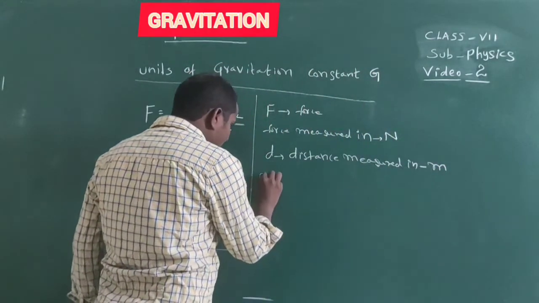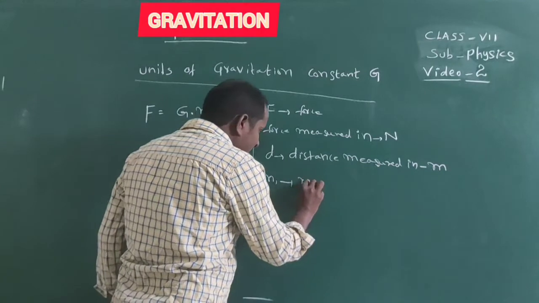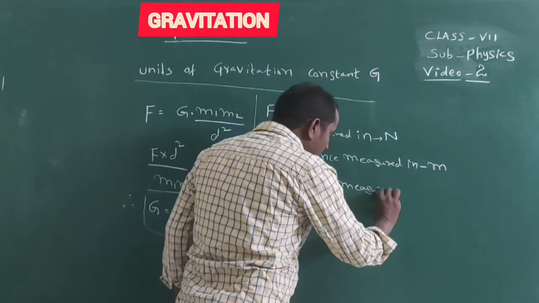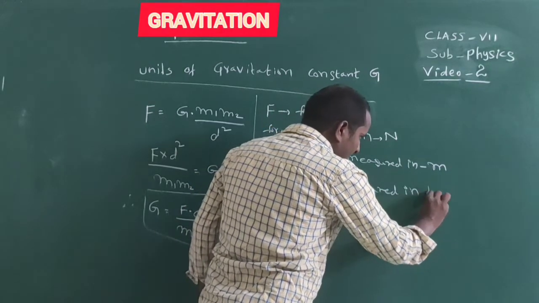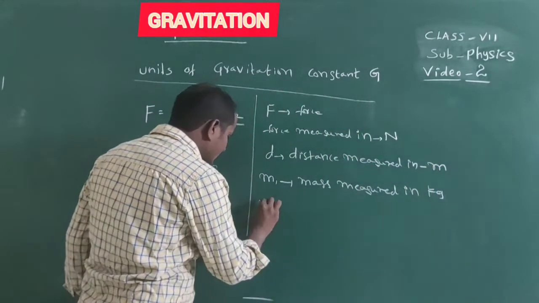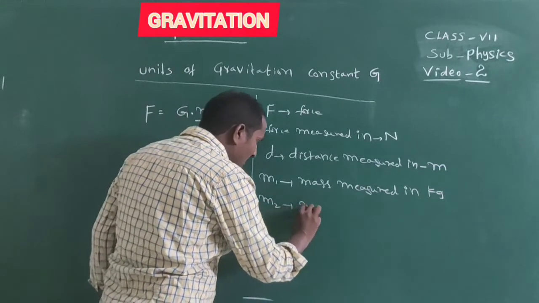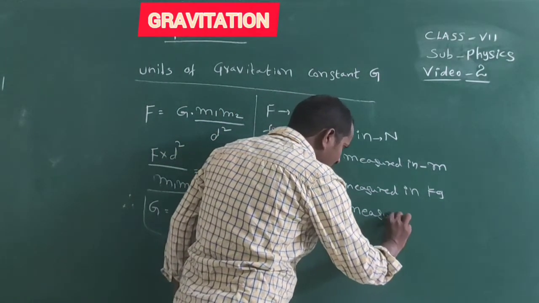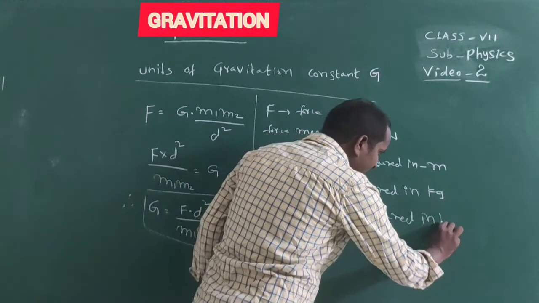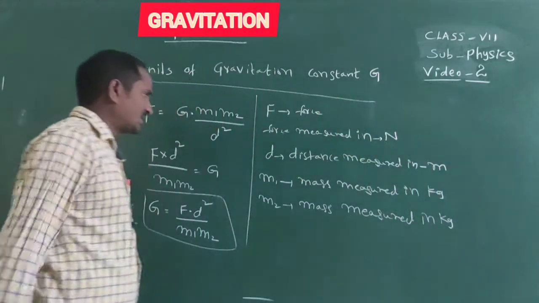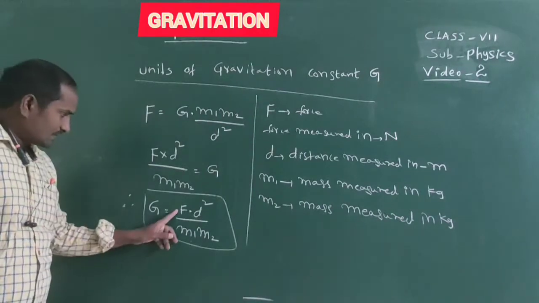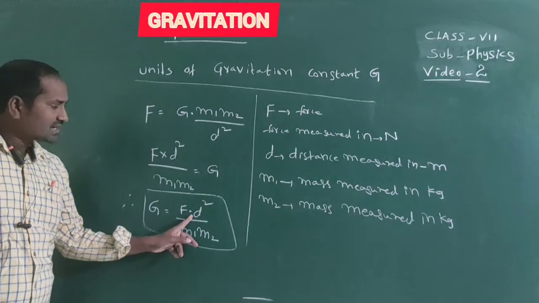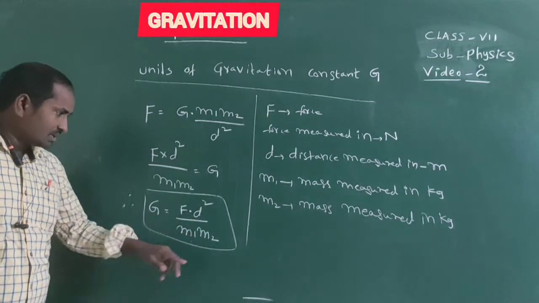Here m1 is mass, measured in kg. Here m2 is also mass, measured in kg. Now the force unit is newton, the distance unit is meter, and the masses are in kg into kg.